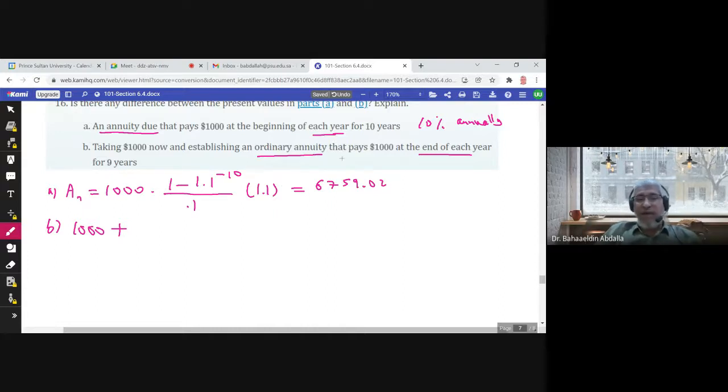So the present value in this case would be 1,000, which is this one R, times 1 minus 1.1 to the power negative 9 because 9 years, over 0.1, and without multiplying by 1.1 because it is an ordinary annuity. And if you put this in the calculator, you will reach the same answer.